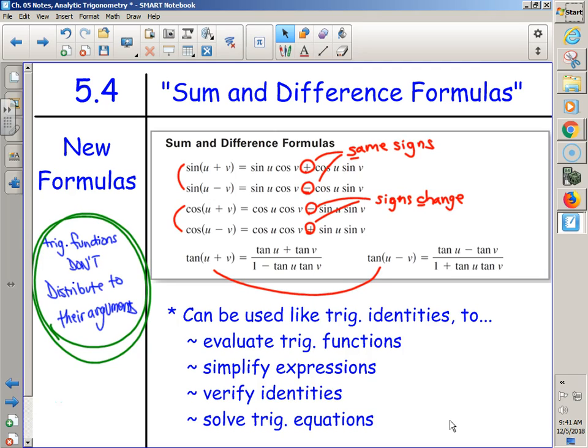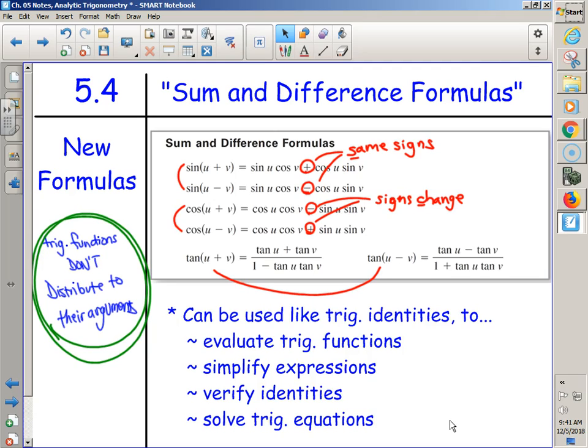So here's the thing: in all these sections, I'm not teaching you any new procedures. I'm just saying, how do we do the old procedures with new formulas? How do we plug in to trig with new formulas?